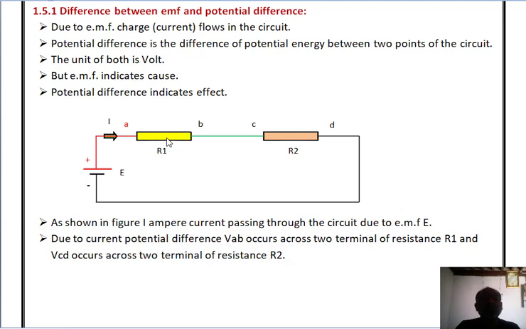Now when the current passes through this resistance, potential difference VAB appears across points A and B. That means the voltage, the potential difference between points A and B of the resistance R1. Similarly, this current also passes through resistance R2, which also produces potential difference VCD across the two terminals of the resistance R2.